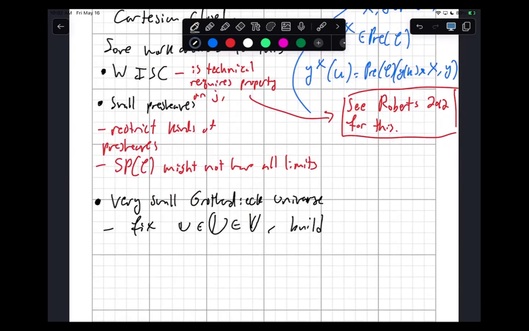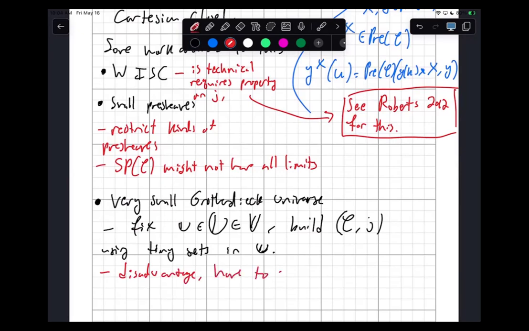Build C, build your site using tiny sets. Then the category of presheaves on it will be small. And then you're done, right? Now, of course, there's a disadvantage here in that you have to do more bookkeeping.